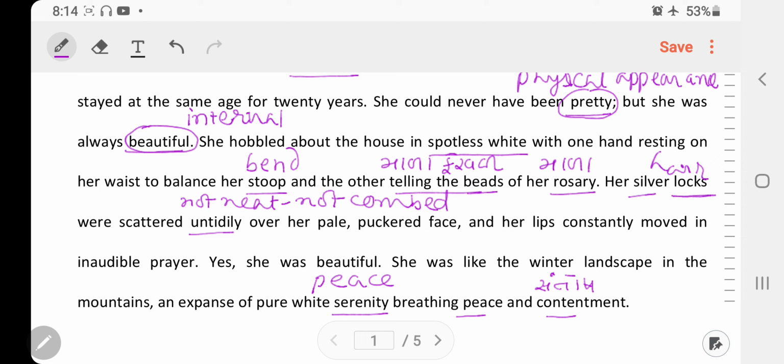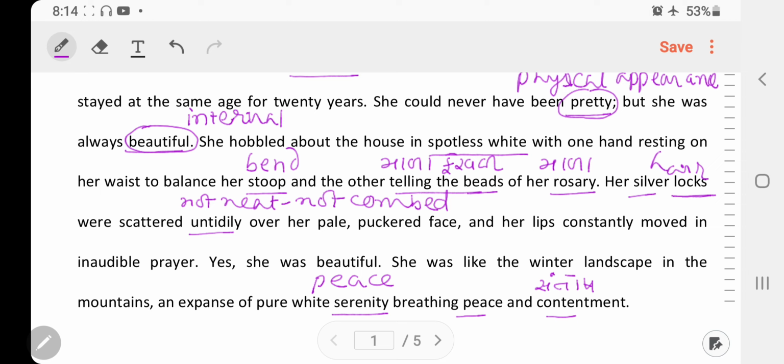And then you have to give the description of the hair, silver locks. They were always scattered untidily because she was not in the habit of combing them. Her face was pale and puckered, and her lips constantly moving in inaudible prayer.